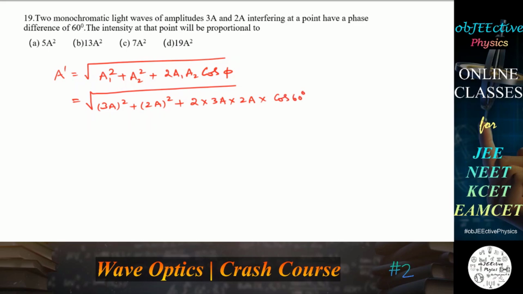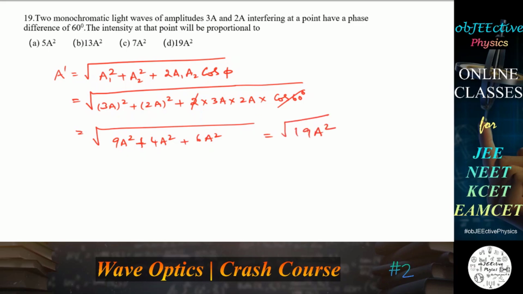Cos 60 degrees is equal to 1 by 2. So, cos 60 and 2 cancel, that implies square root of 9a square plus 4a square plus 6a square, that is equal to square root of 19a square. But we know that intensity is directly proportional to amplitude square. So that implies I is directly proportional to 19a square is the answer. So that option D is the right option.